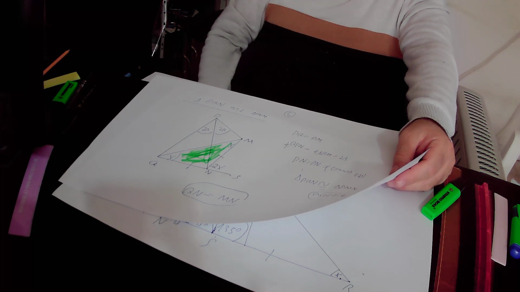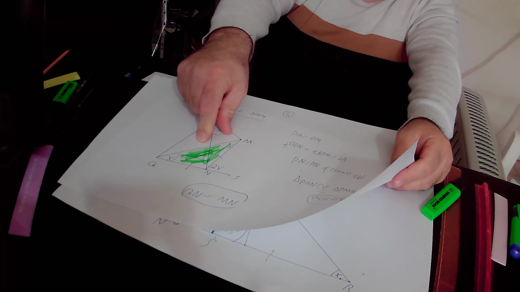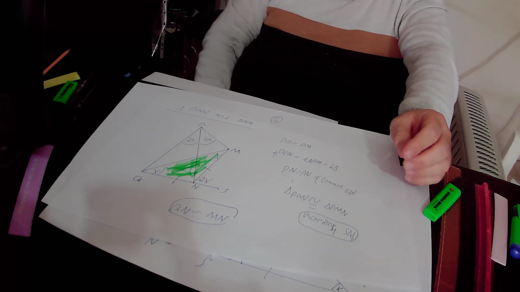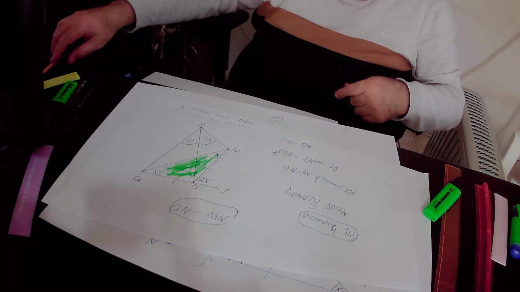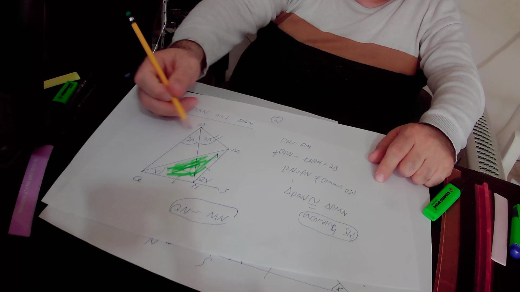Then we proved that those two triangles can go into each other. Why can they go into each other? First of all, we have already found out that PM equals PQ.